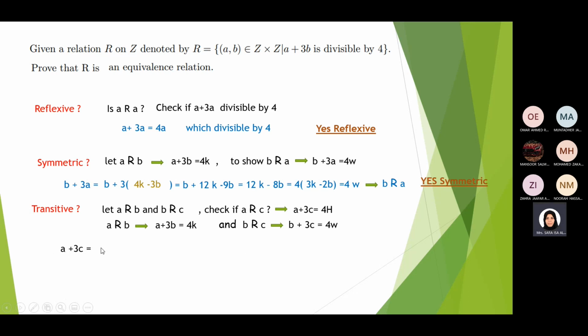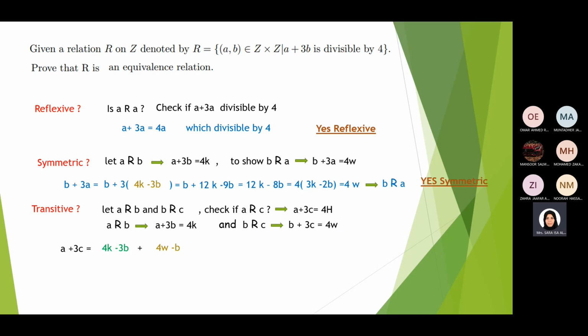What is A? A from the first assumption equals 4k minus 3B. Add to it 3C. What is 3C? 3C from the second assumption is equal to 4w minus B. I'm just substituting from my assumption, which is given and true. So let's now simplify it.